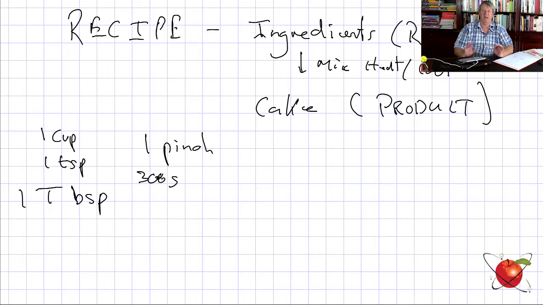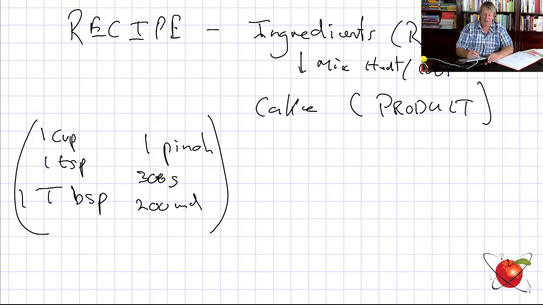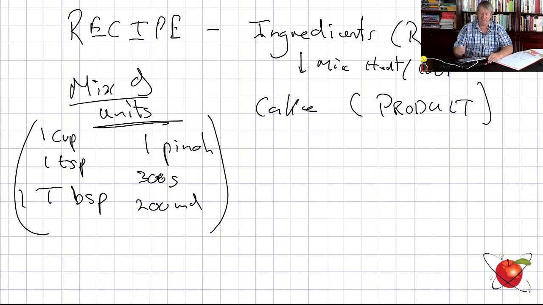Okay, we're going to leave out pounds and all of that lot, but 300 grams. You could also have 200 milliliters. Can you see here, there's a complete mix of units. Mix of units. Why? Because it's not absolutely fundamentally precise.